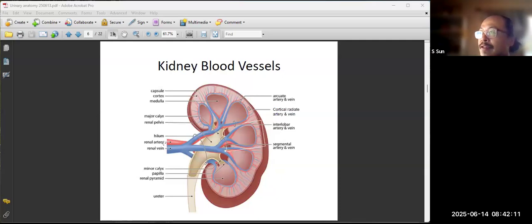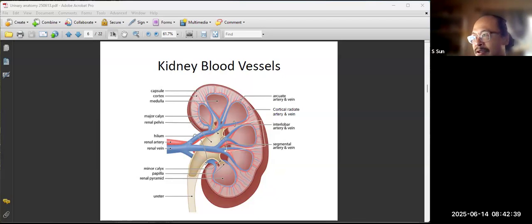Here is a closer view into the kidney, the renal artery from the aorta. And after it enters into the kidney, this collective region, we call it the hilum, like the beginning of this organ and the stem over there.